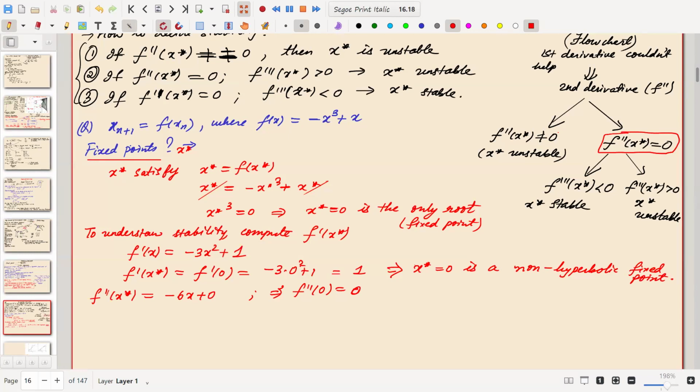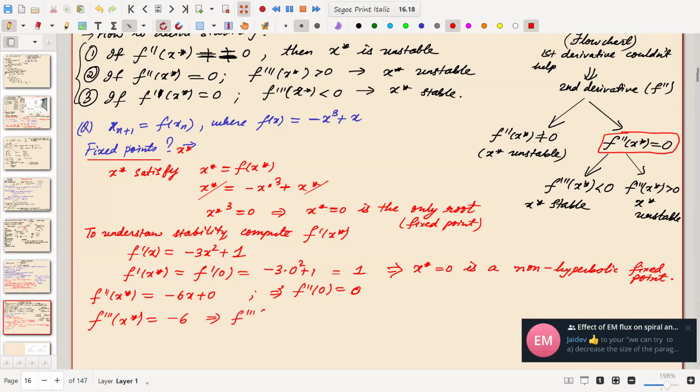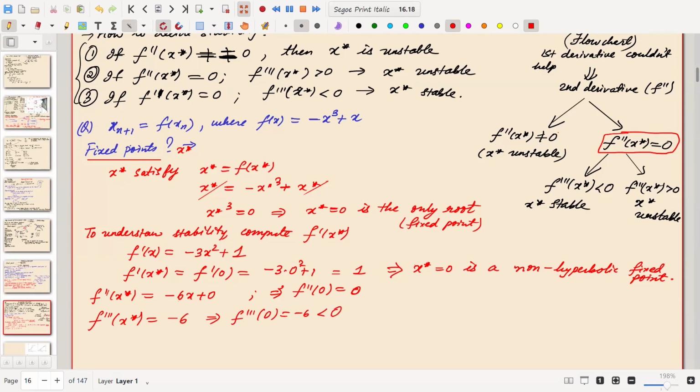At x star, take the derivative of minus 6x, that is minus 6. Irrespective of x, f triple prime of 0 is minus 6, and it is less than 0. If it is less than 0, what is the case? Yes, it implies x star equal to 0 is a stable fixed point.